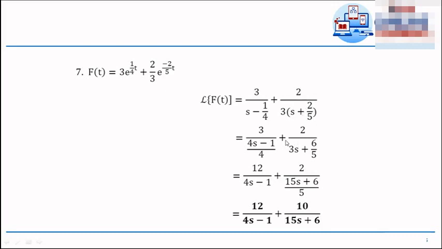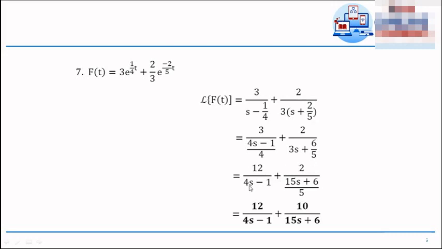So simplify it further. 4 divided by 1 multiplied by s, so we have 4s minus 1 all over 4. So what we are going to do here is distribute 3 in the parentheses. 3 by s, so we have 3s. 3 by 2, we have 6 all over 5. Okay? So simplify it further.